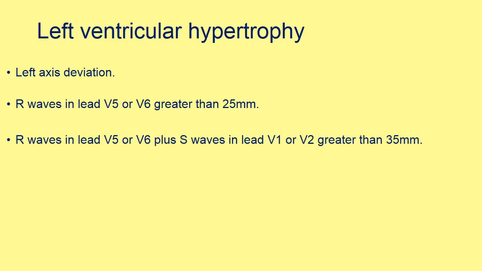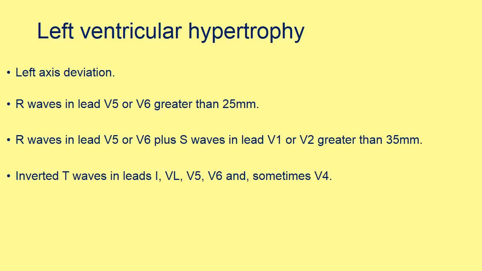Okay. There is also, remember in my first video I said whenever there's electrical abnormality in the QRS complex, there's usually electrical abnormality in the T wave as well, because the T wave is repolarization. If the depolarization is abnormal, the repolarization could end up being abnormal as well. So you can get inverted T waves in the lateral leads.